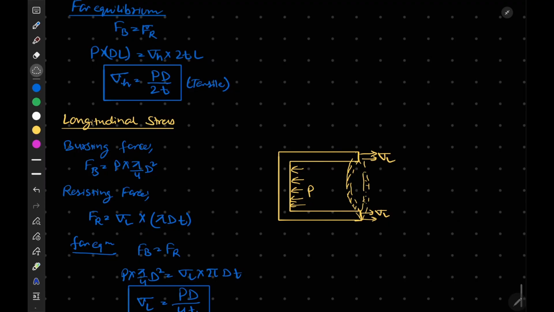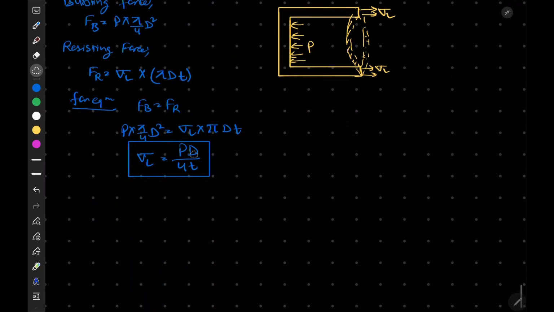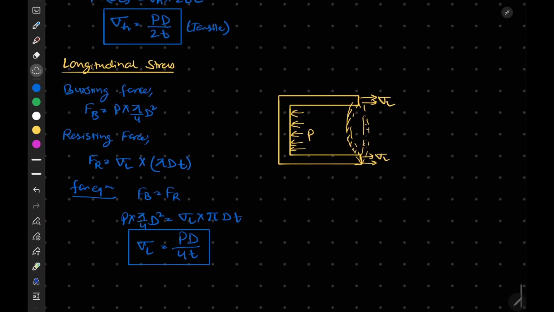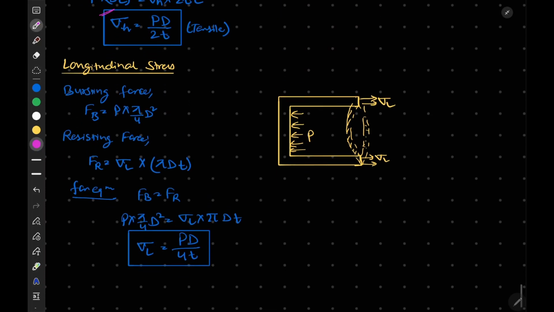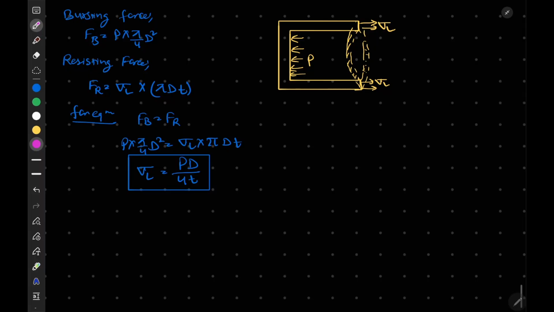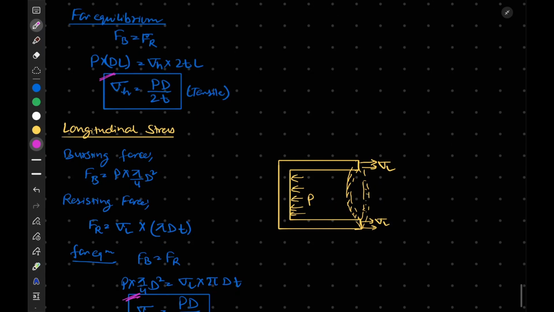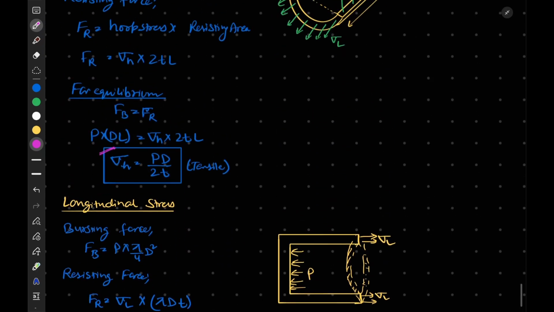Okay, so your hoop stress was PD by 2T and longitudinal stress is PD by 4T. So these two are your important relations here, sigma H and sigma L. Now from these two points, what can I mention?